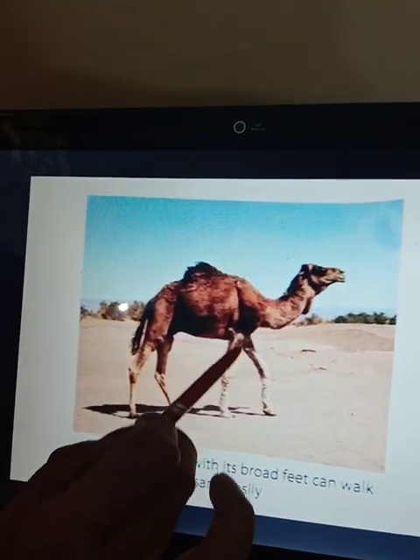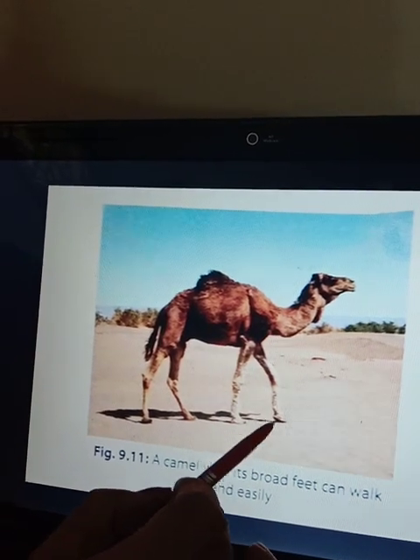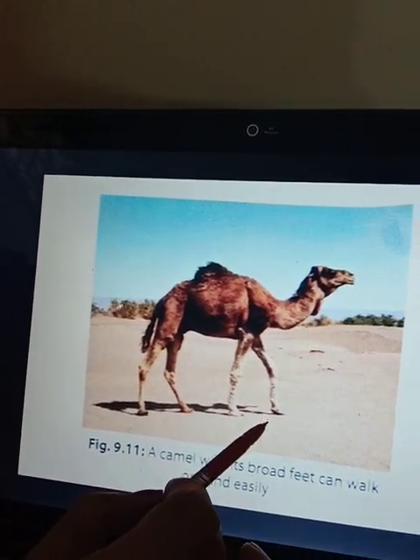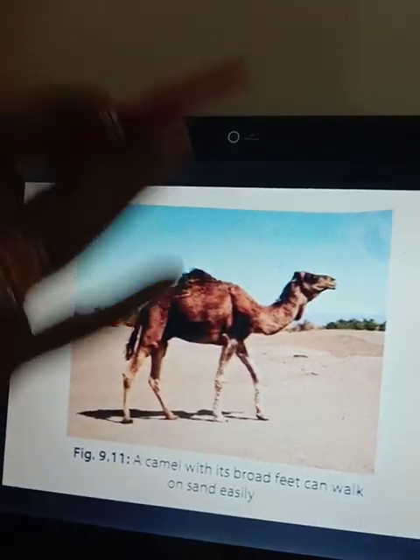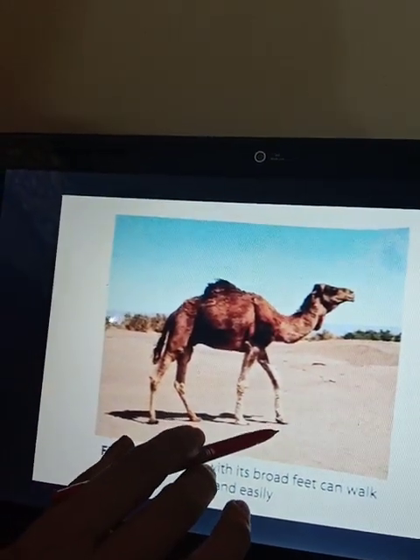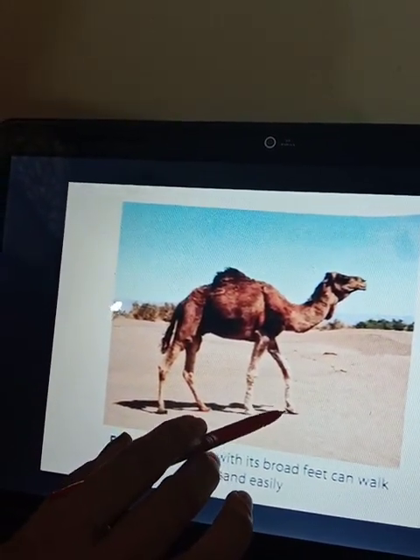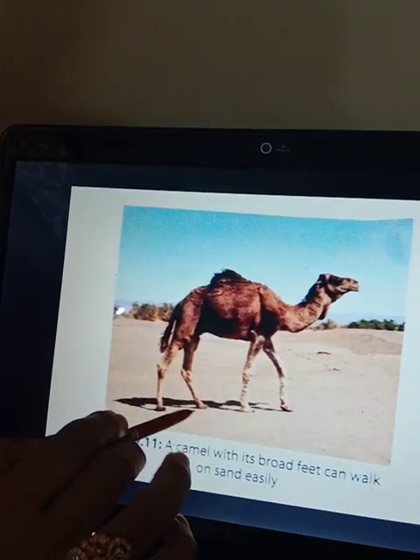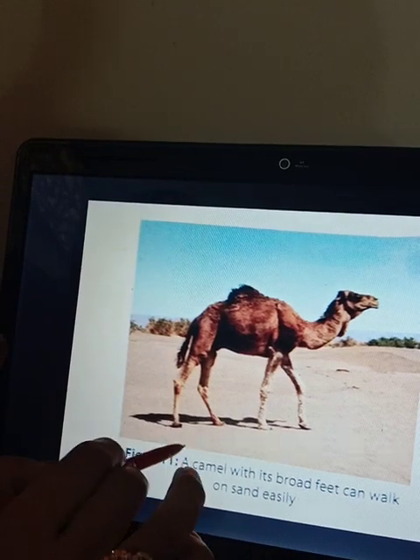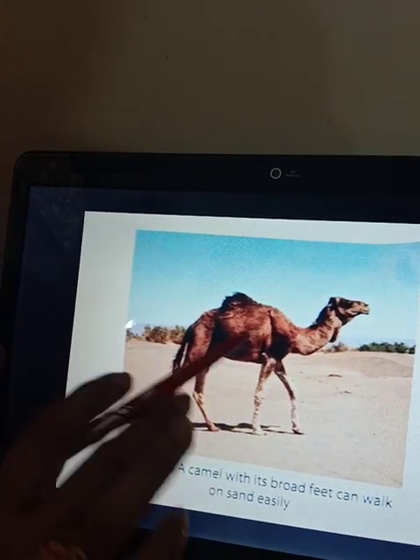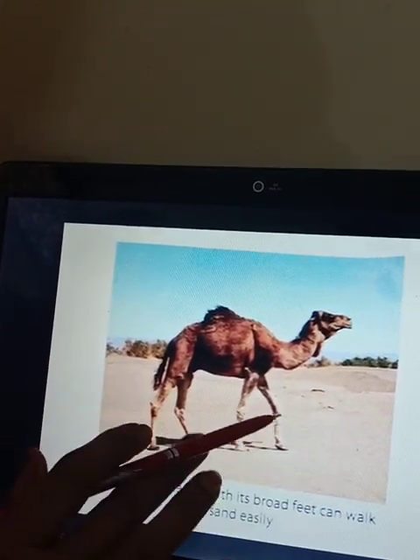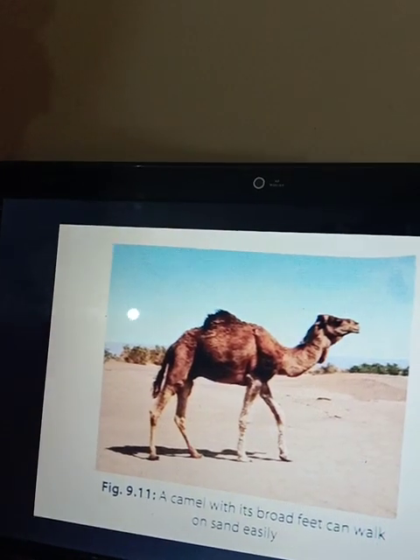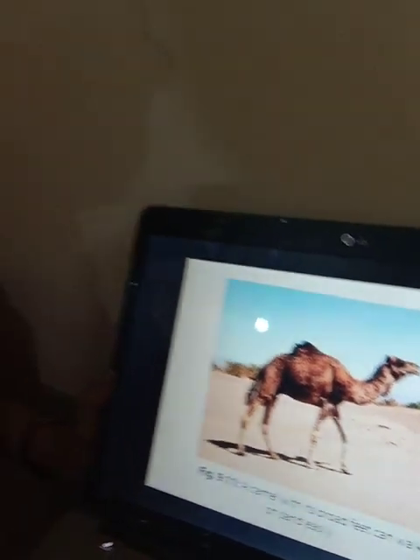If the camel would have smaller feet, there is danger of sinking down the feet into the soft soil, right? These broad feet of the camel increase the area of contact and decrease pressure on the soil, and camel can move easily in the soil.